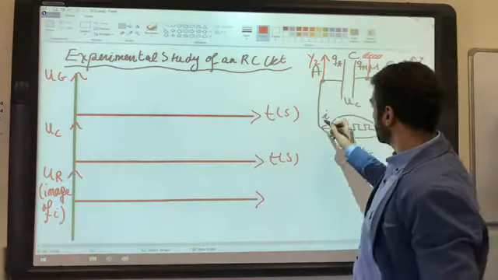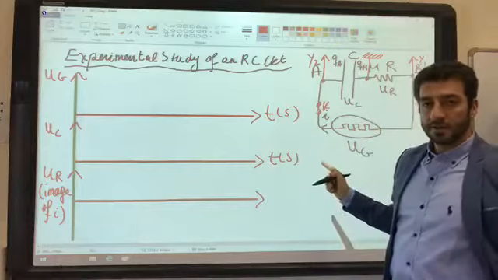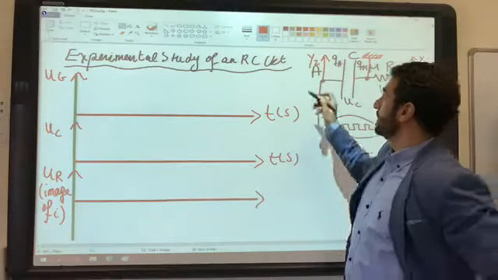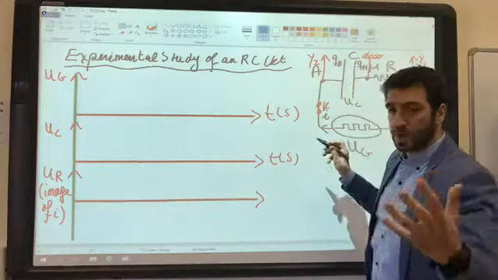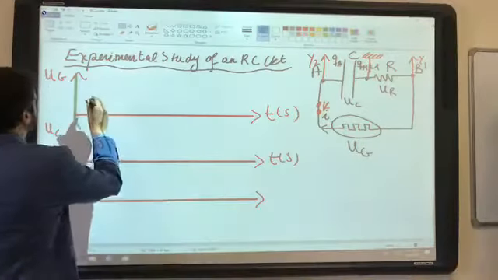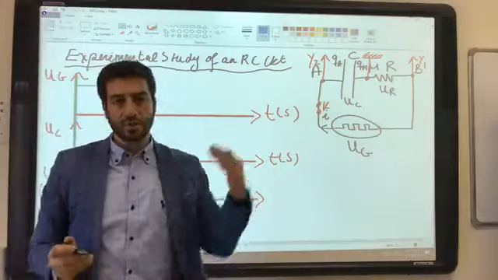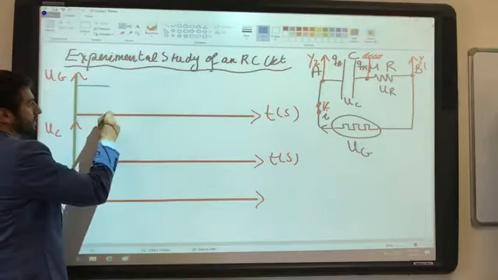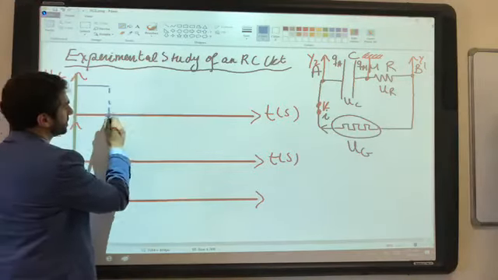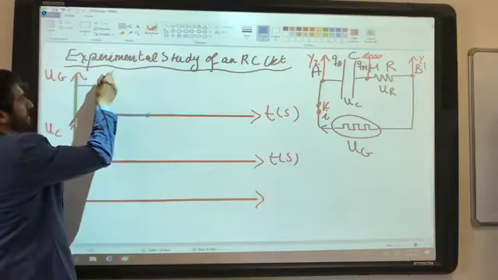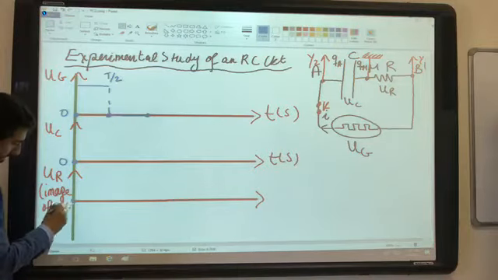Let's see what happens. We close the switch K, and the square signal, how does it function? The square signal functions first when we close the switch. It was open and now we closed it, so it has taken a maximum value. Then it goes to 0. It is a discontinuous function. So this is half period. This is the 0 level.